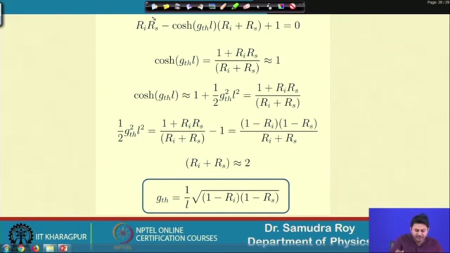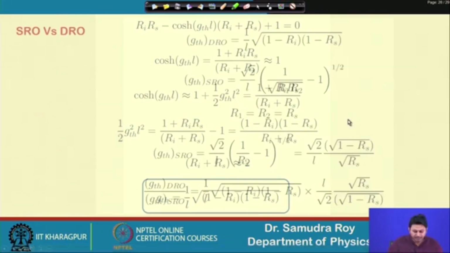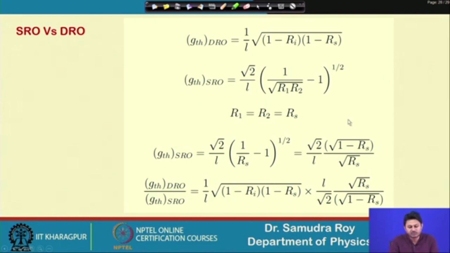After having the expression, next we are going to compare it with the expression that we have for the SRO, and I write these two together. These two are the expressions of the threshold of g for the DRO and the threshold for the SRO.